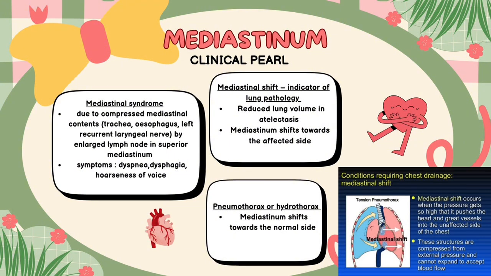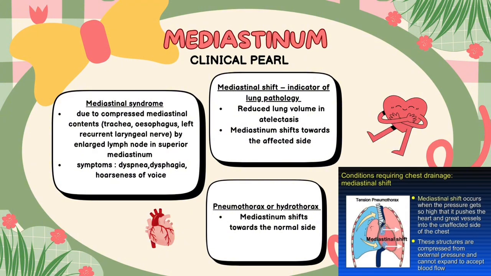As a result, patients may experience dyspnea due to airway compression, dysphagia due to esophageal compression, and hoarseness of voice due to nerve involvement. These symptoms often indicate serious underlying disease such as tumors or infections.